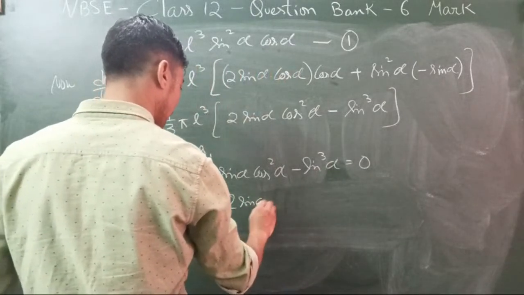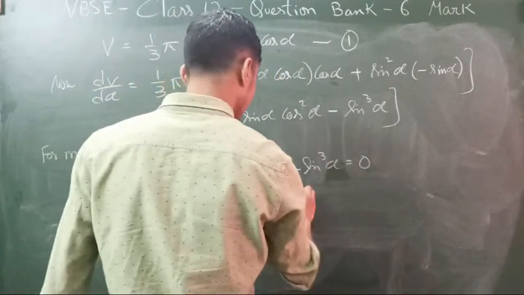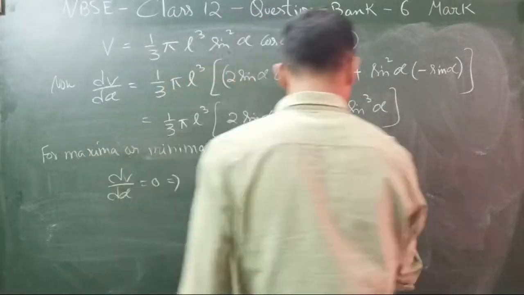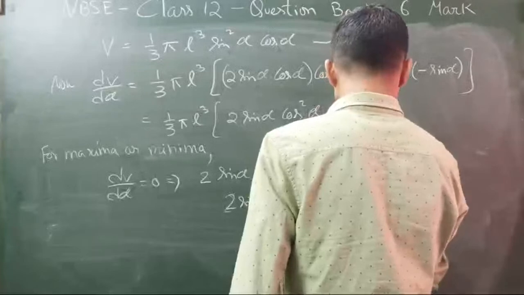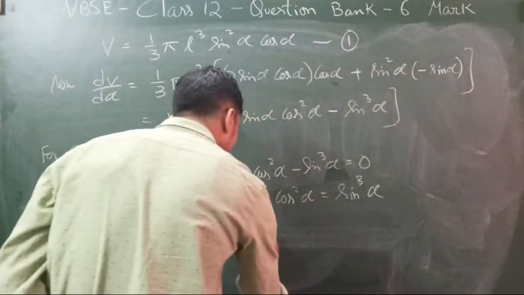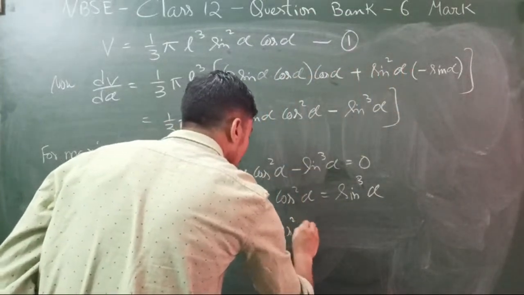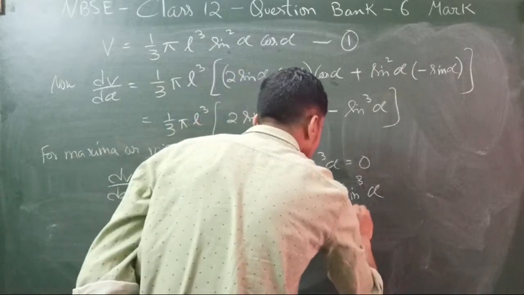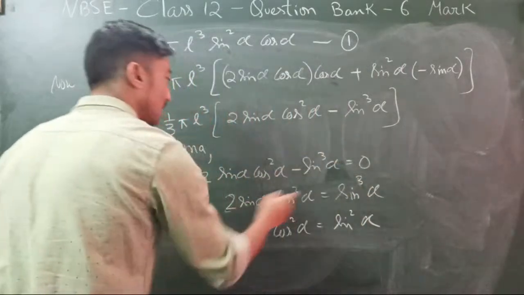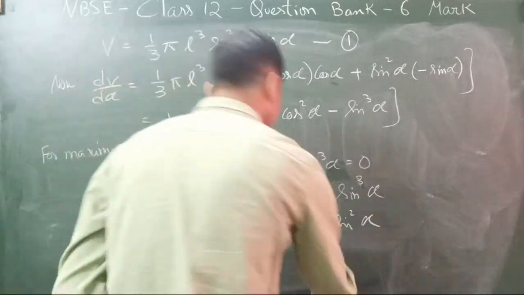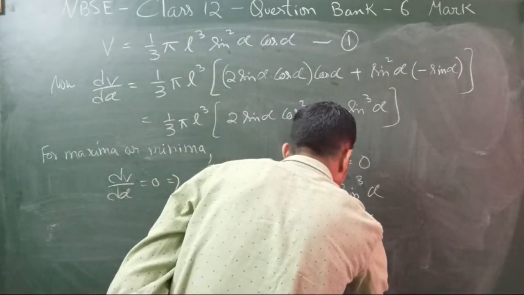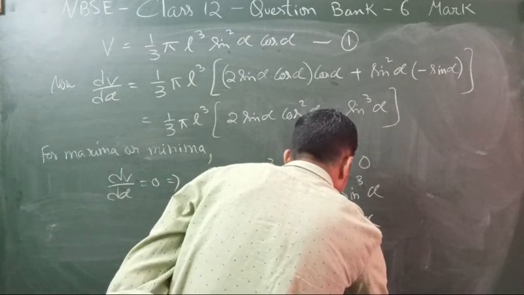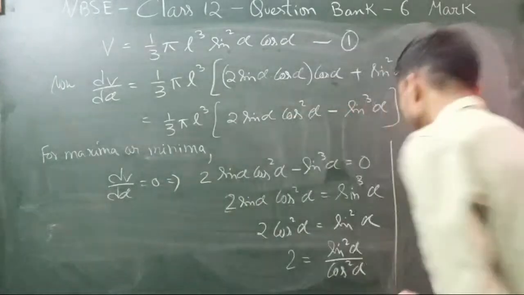Twice of sine alpha cos square alpha equal to sine cube alpha. 2 cos square alpha is equal to sine square alpha because sine is common. So we'll have 2 equal to, just simplifying, sine square alpha by cos square alpha.